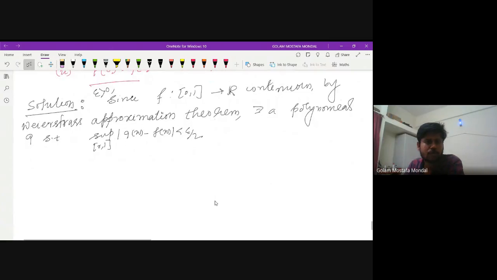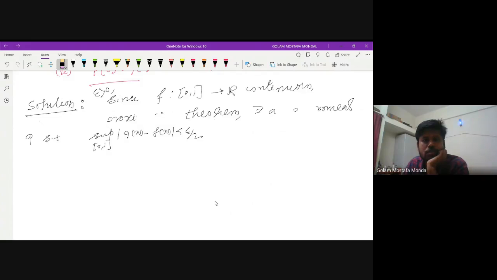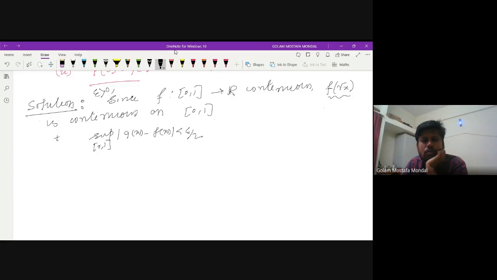Now, define. So, see, if f is continuous, then we can say that f of root x, this is a composition of two continuous functions, is also a continuous function on 0, 1.